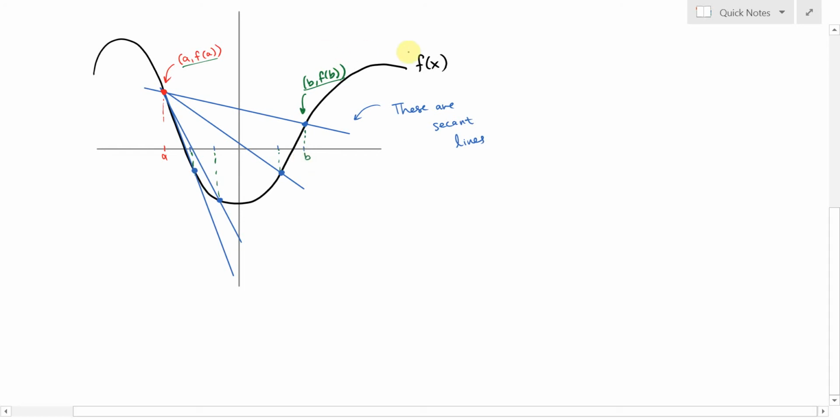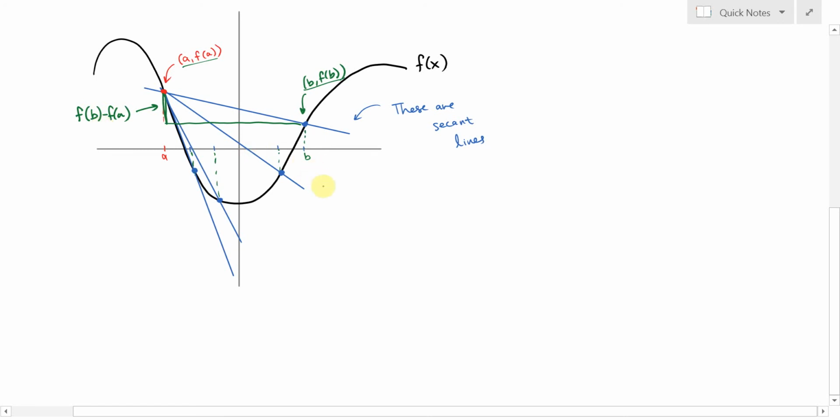So what is the slope of this line? Well, it's just rise over run. So let's draw it out. There's our rise, and of course it's just the change in y. That's f of a minus f of b, or f of b minus f of a, however you want to write it. It doesn't matter.